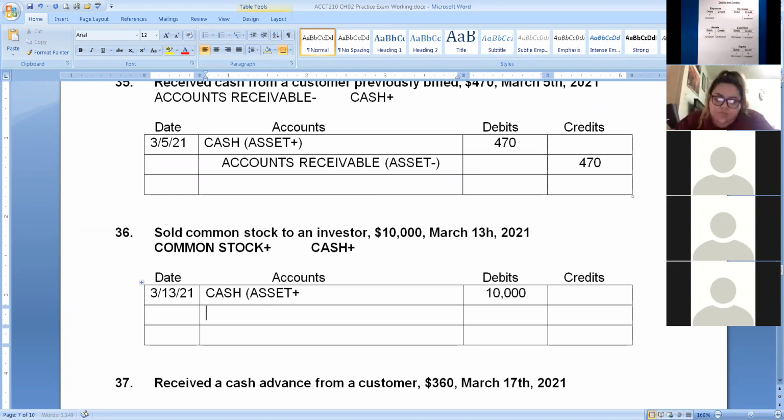The tricky one is common stock. And that's because it's an equity account. You don't use those too much. And it is also going up.